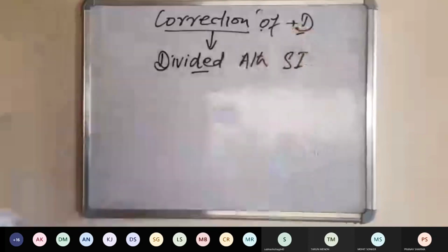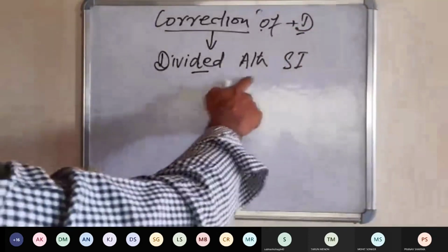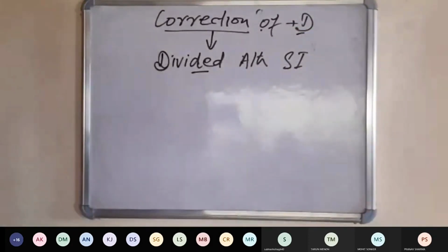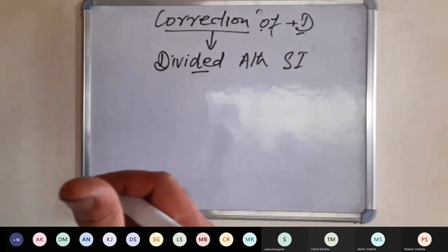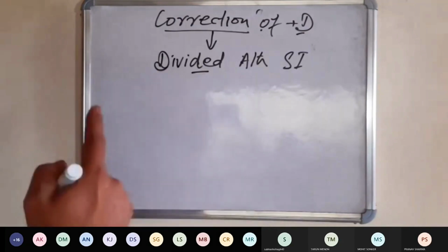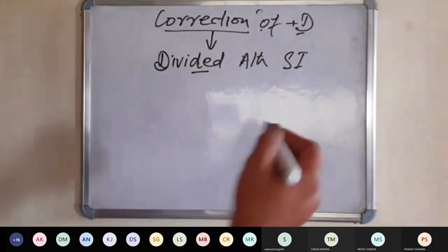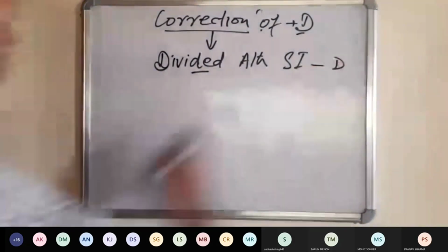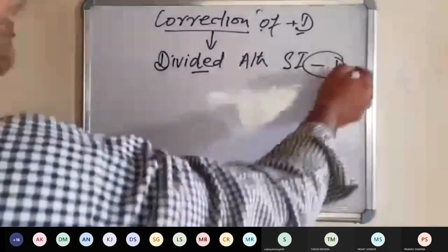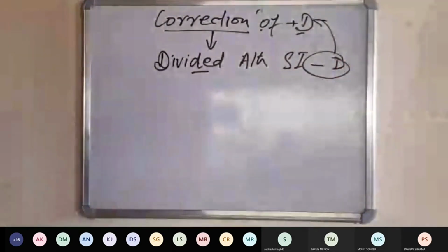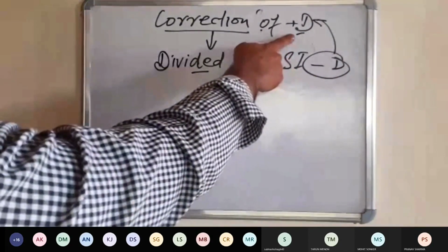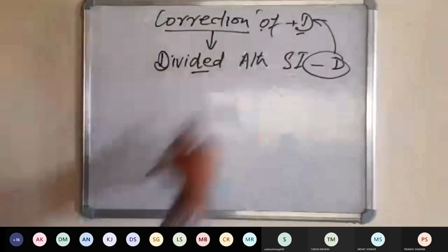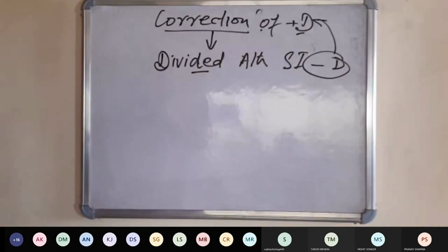This will nullify this. The divided athwartship soft iron will create, in the diagram we just made, athwartship divided rods, what are they doing? They are creating minus D. So we can create this to counter the plus D, which is because of the beams that we have. The effect of the continuous rods we nullify with the divided rod.